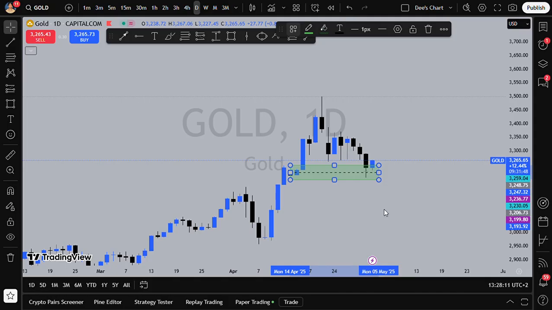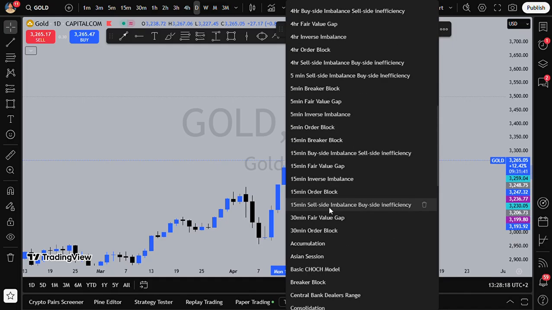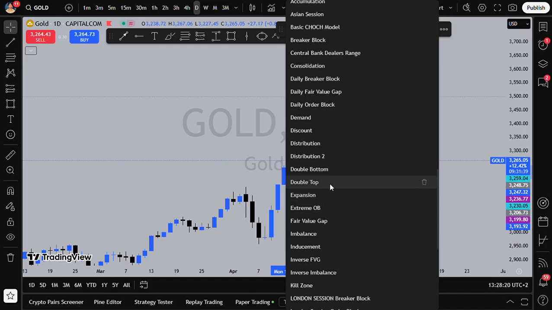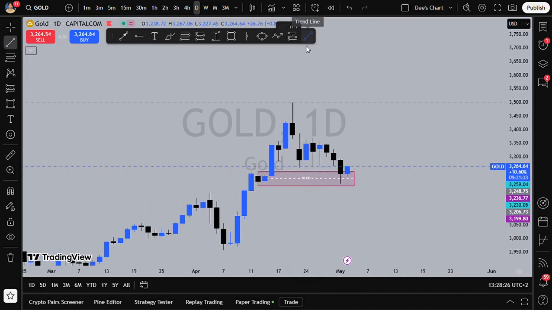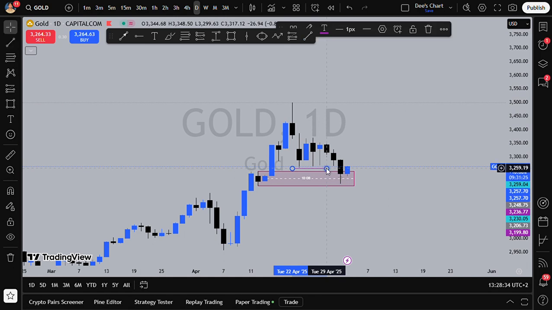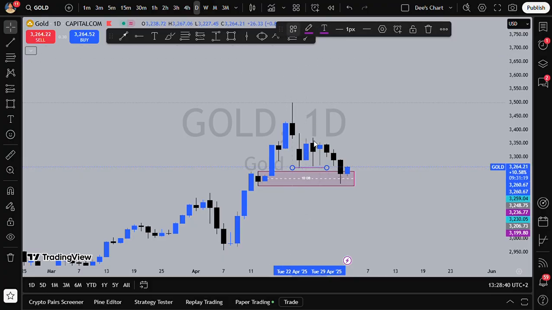We are in a daily POI, so this is our daily order block that we're going to look at. Inside of my daily order block, we are going to see what price does. Most importantly, the reason why price pulled into this daily order block is because we have this liquidity resting above it. These are relatively equal lows, and they are a magnet for price to pull towards.